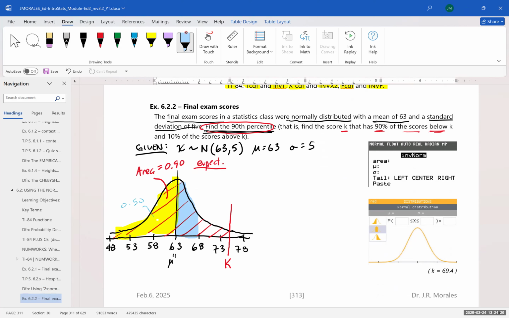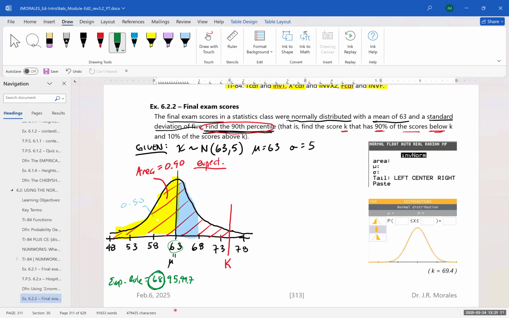According to the empirical rule, remember the empirical rule? It's called the 68, 95, 99.7 rule because 68% of the distribution is between plus 1 and minus 1 standard deviation around the mean.